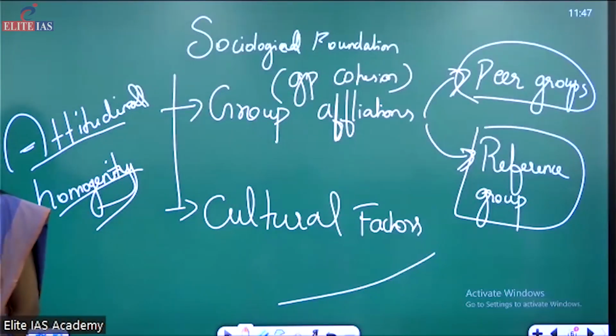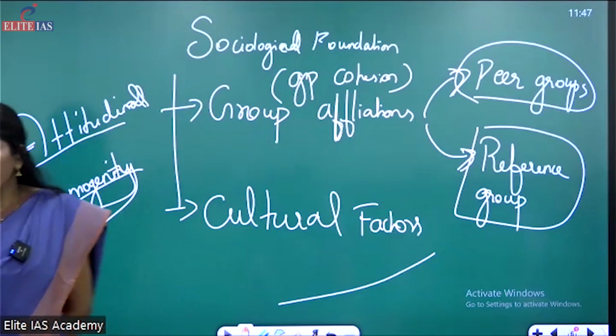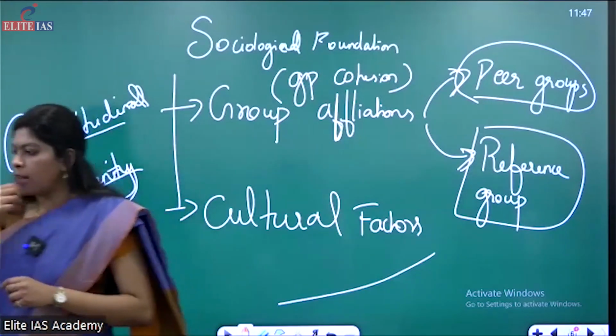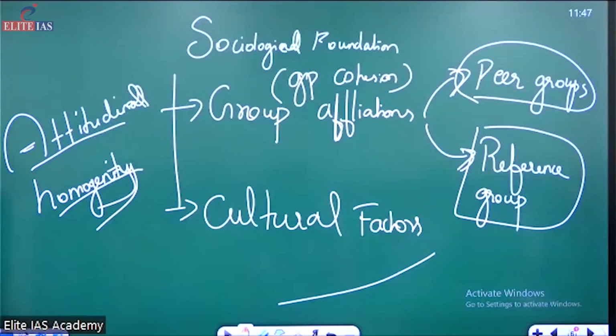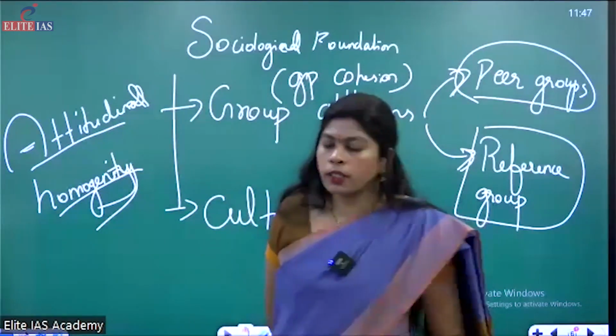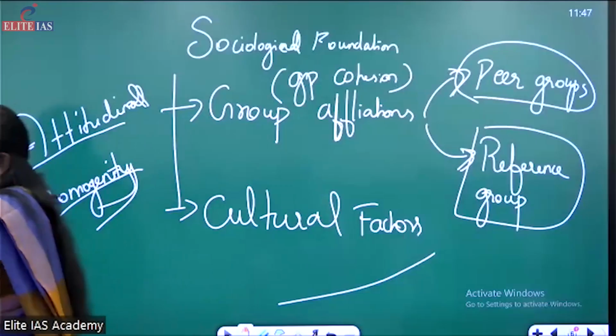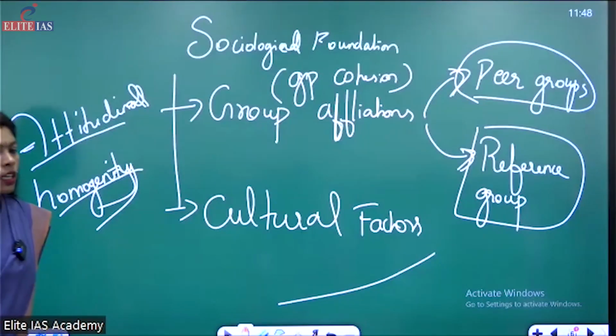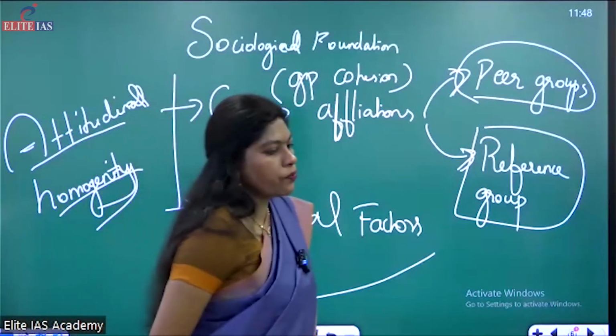Point number one: since primary groups are closely intertwined, members of the group face too much pressure for conformity within the group.